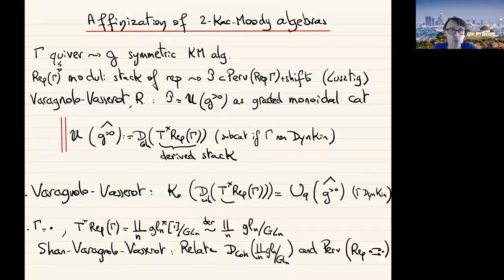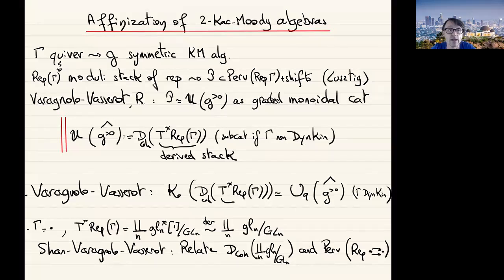So now we would like to affinize this construction, so we can construct a monoidal category. Here is the crucial part, the positive part. We want to affinize that, take loops in that. There's a definition one can take, at least geometrically.